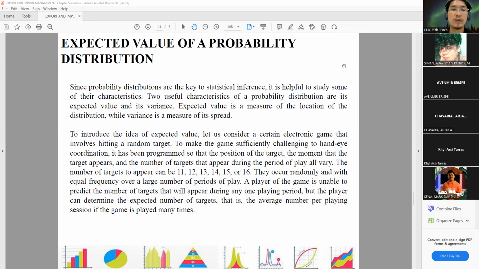They occur randomly and with equal frequency over a large number of periods of play. A player of the game is unable to predict the number of targets that will appear during any one playing period, but the player can determine the expected number of targets, that is the average number per playing session, if the game is played many times.